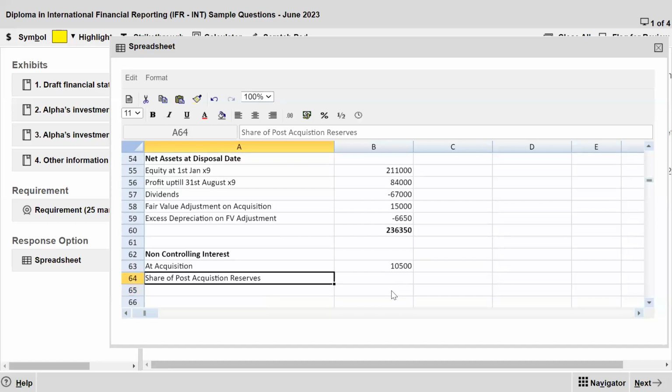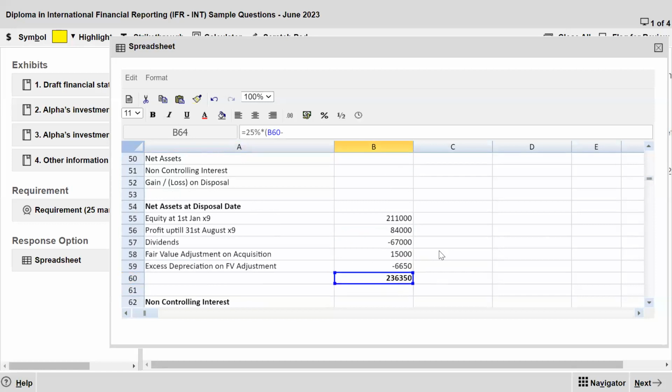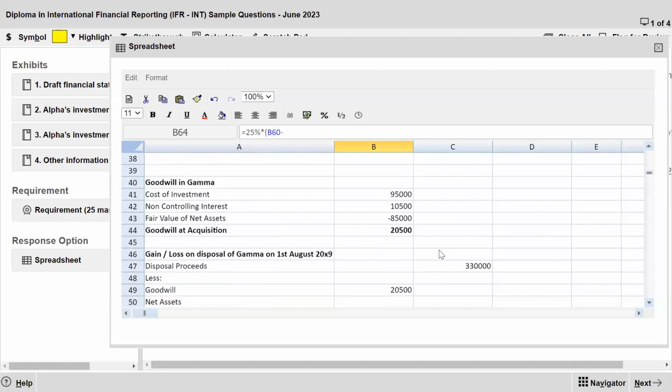So what is going to happen is 25% multiplied by 236,350 minus the net assets at the date of acquisition, which was 85,000.